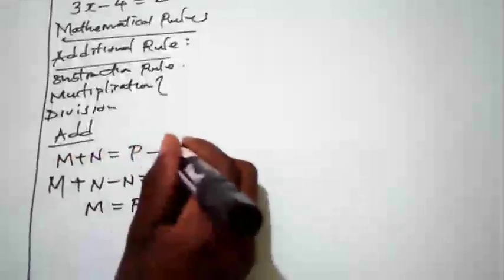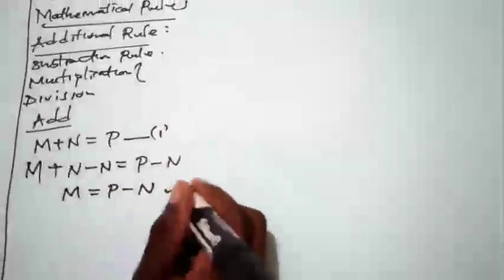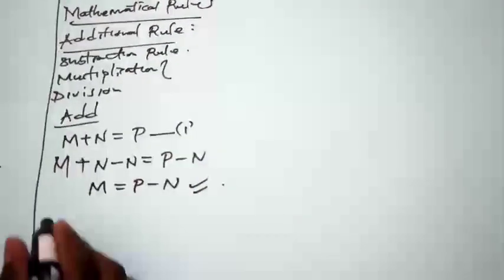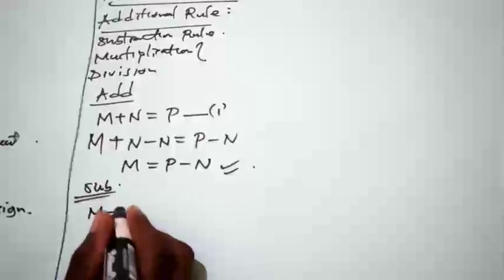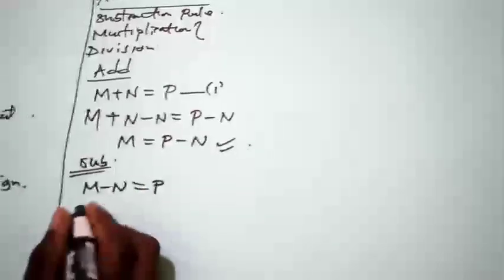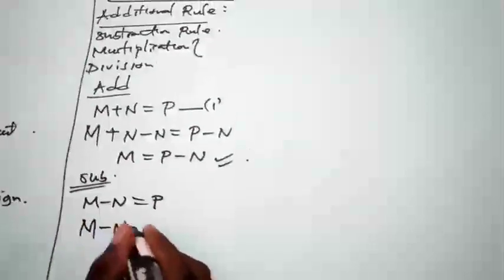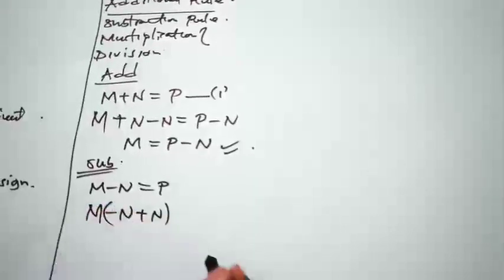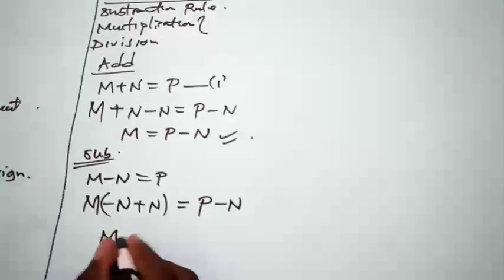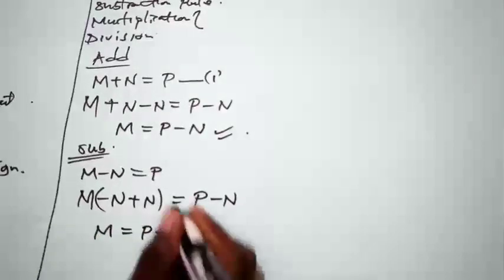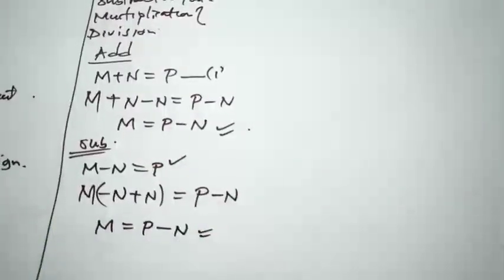So we are expressing this equation in this format. That's for the addition rule. When we have the subtraction, we have m minus n equals p. So we can have m minus n plus n. To do away with n from this side, we want to have p plus n. So m equals p plus n. So this equation can be expressed in this format.